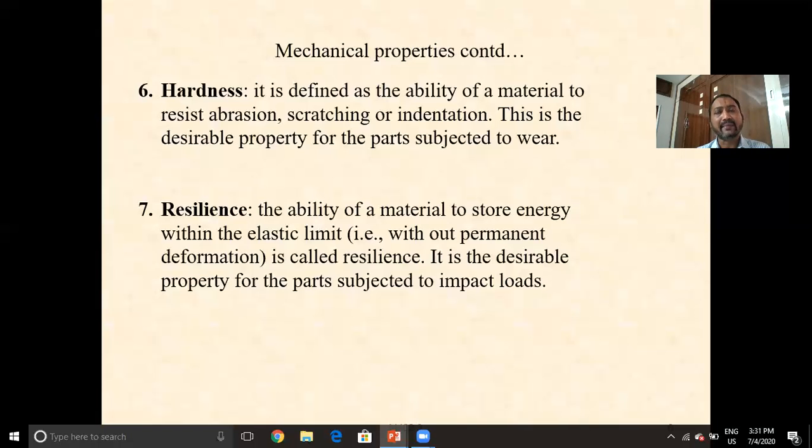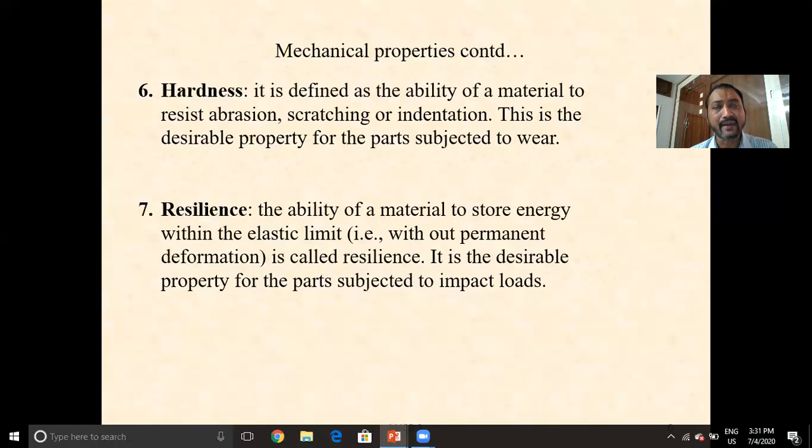Then the depth of penetration is measured automatically by the machine, and based on the depth of penetration, the hardness of the material is given as a number. So generally 80 BHN, 100 BHN, that is 80 Brinell hardness number, 100 Brinell hardness number, like that they will be specified.